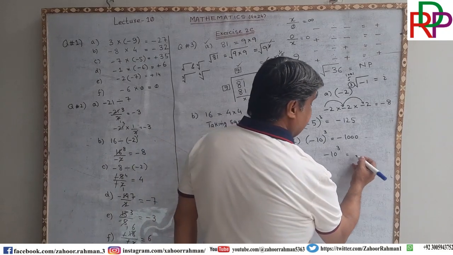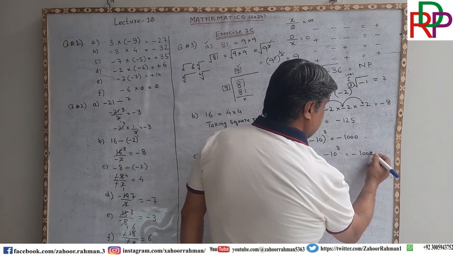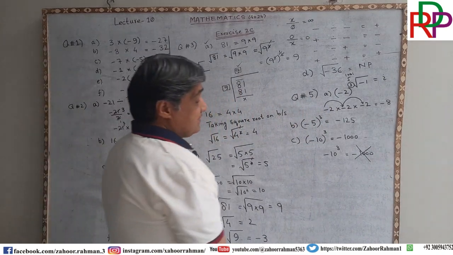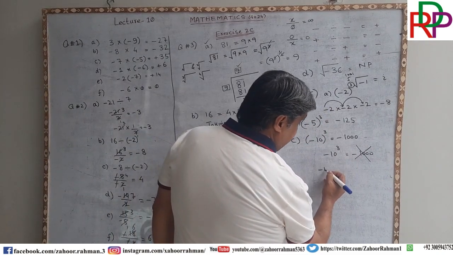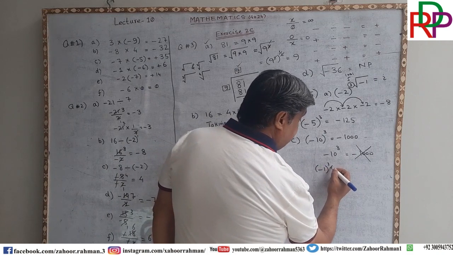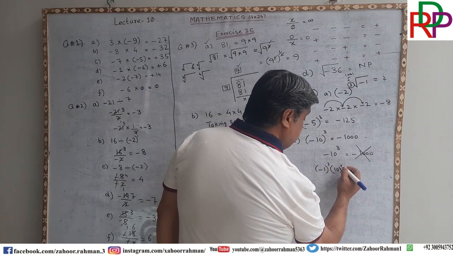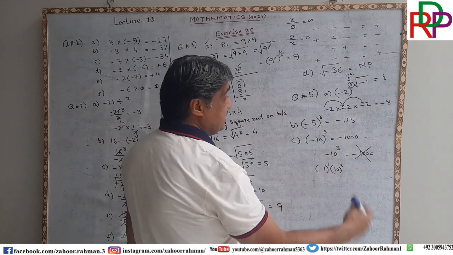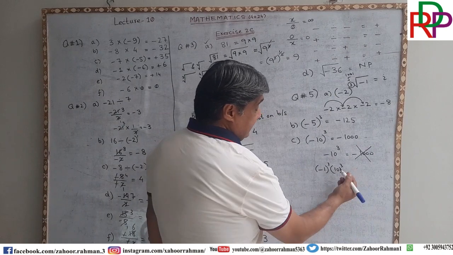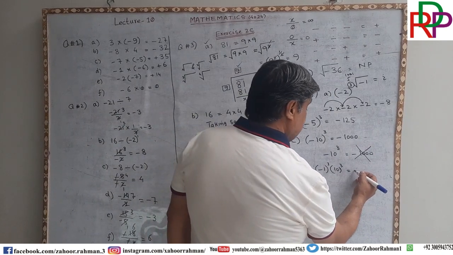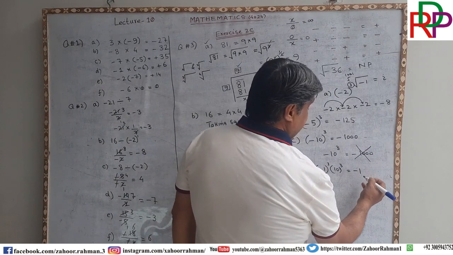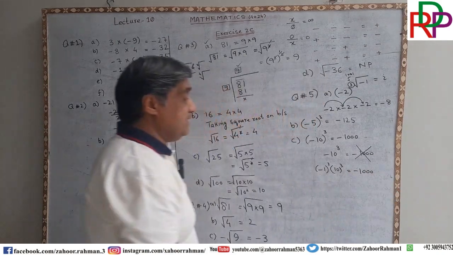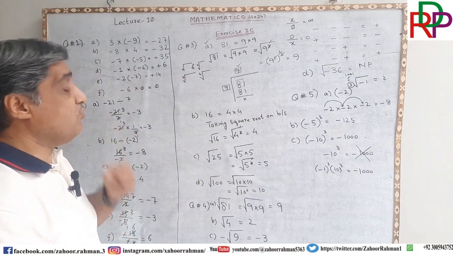Again, they write minus 1000, which is wrong. Why? Because this means minus 1 cube into 10 cube. This minus means minus 1, and then there is 10 cube. So this will be minus, and then 1000. This will be minus 1000.